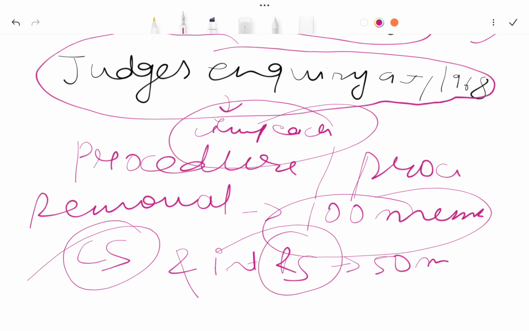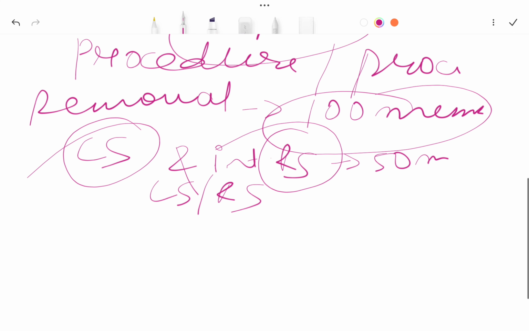That means the process of removal can be introduced in any house, whether Lok Sabha or Rajya Sabha, but it has to be permitted by the presiding officer in both the houses.